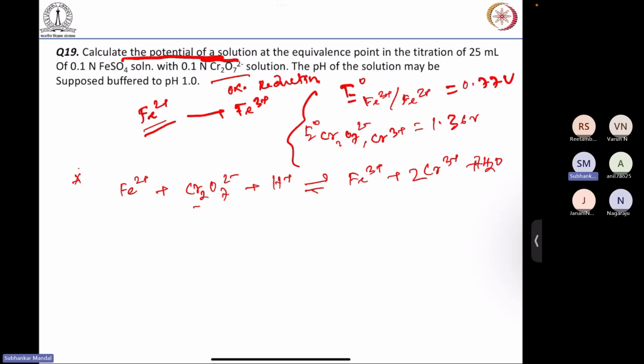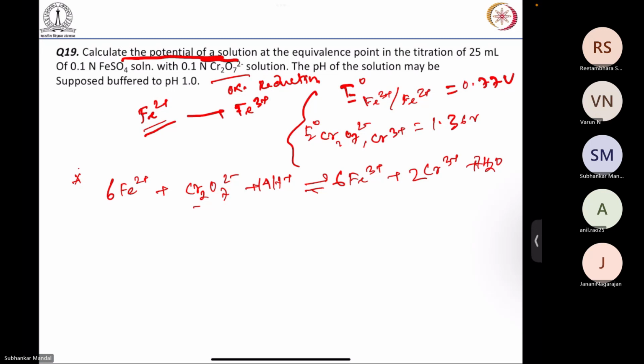So H+ 14 it will be, and this will be 6 plus 6, 6. I think it is balanced, with 7H2O. Okay, this equation is quite tricky to balance.